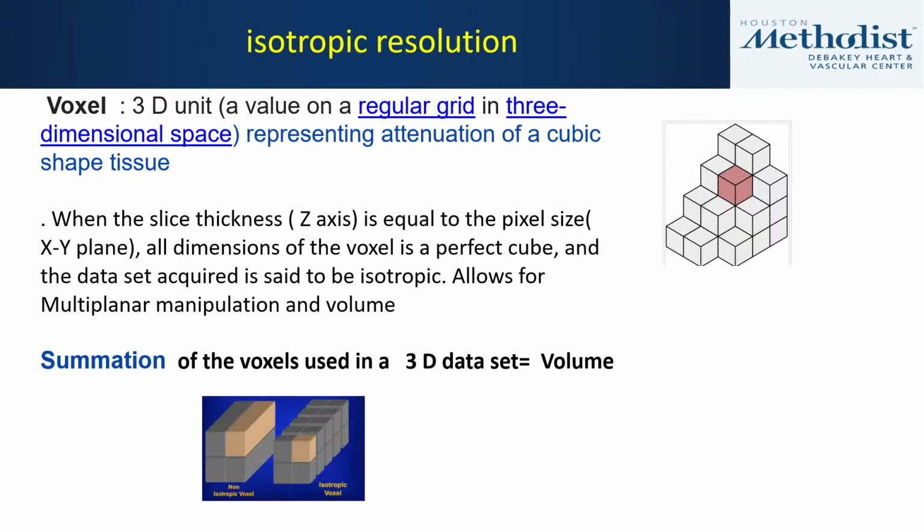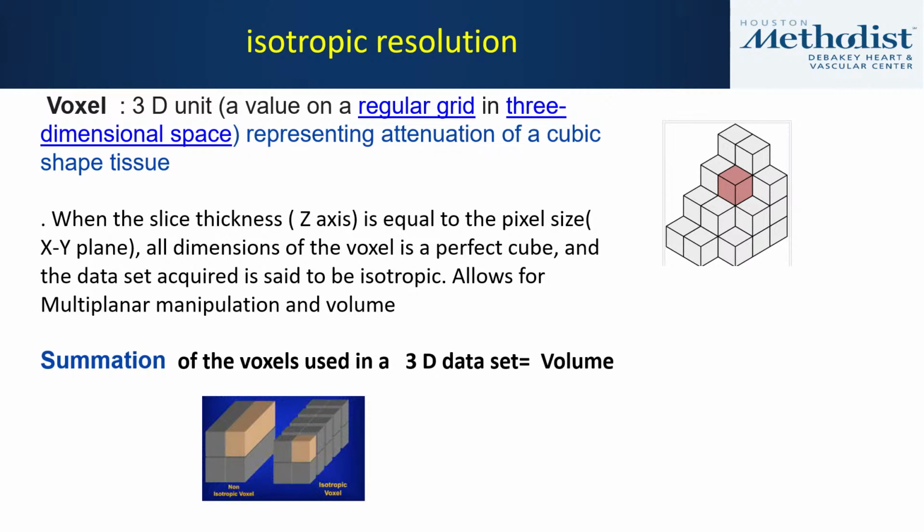This is critical for CT, meaning that CT is probably the one non-invasive imaging modality that can achieve isotropic resolution, meaning the resolution in all three axes is the same. So what does that allow you to do? When the z-axis thickness is the same as the pixel size of the x-y plane, all dimensions of the voxel make a perfect cube.